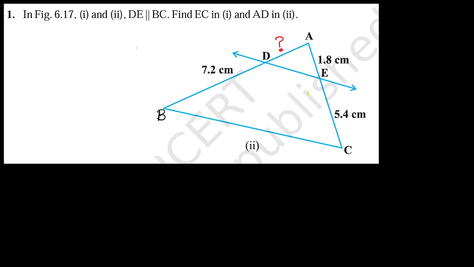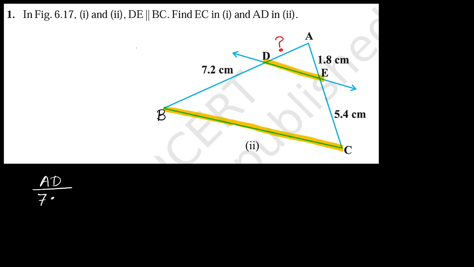This one is parallel to this one. Yes, DE parallel to BC is mentioned in the question. So this one and this one are parallel. So we studied that left side ratio will be equal to right side ratio. AD by DB, understood? Left side ratio will be AD by DB.